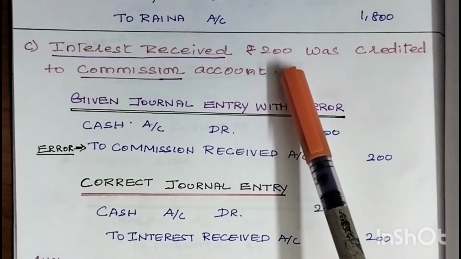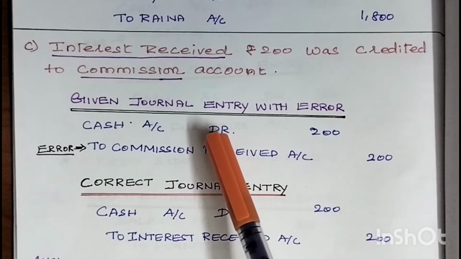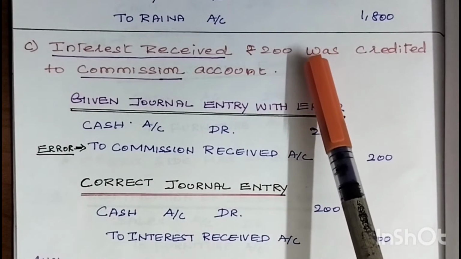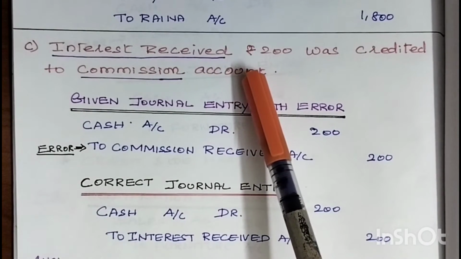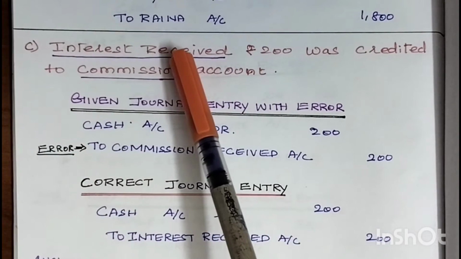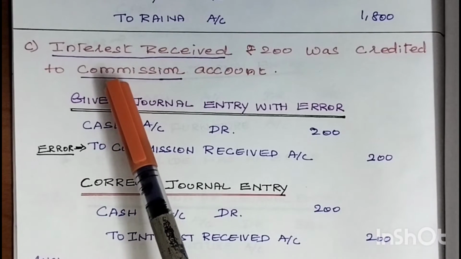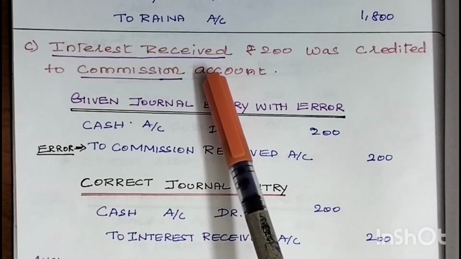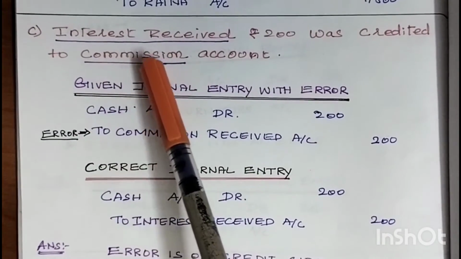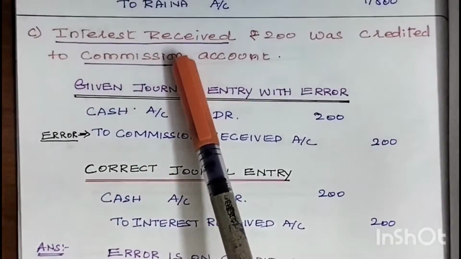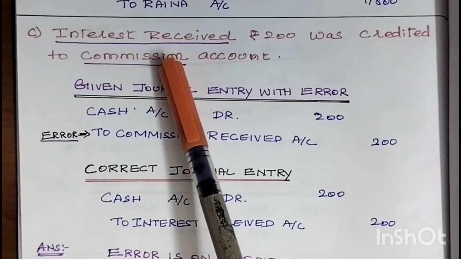Okay, but how did the error come? 200 rupees was credited to commission account. Instead of interest received account, an accountant entered into the commission account. So an accountant thought commission received.